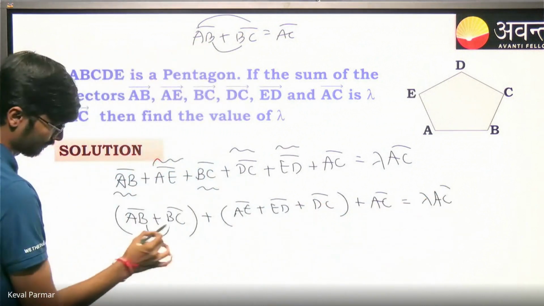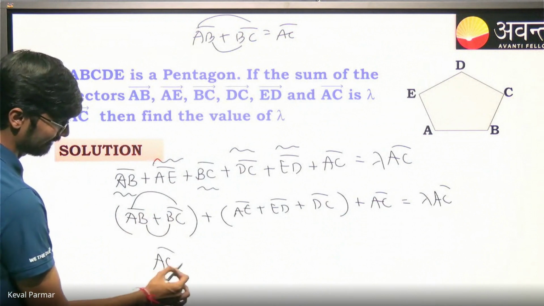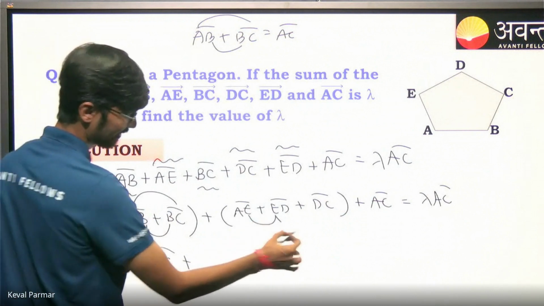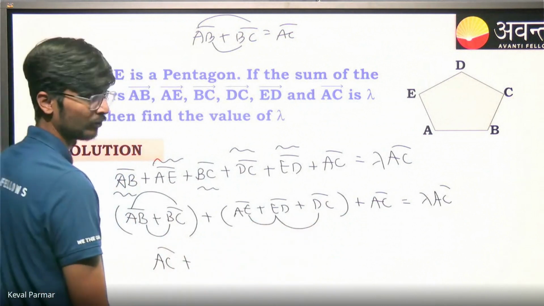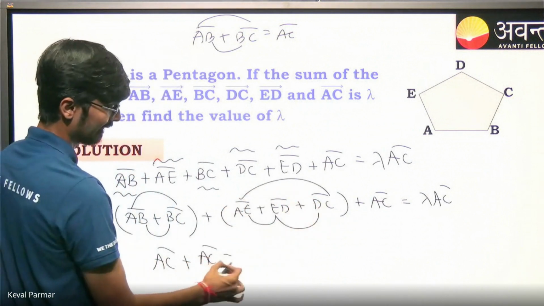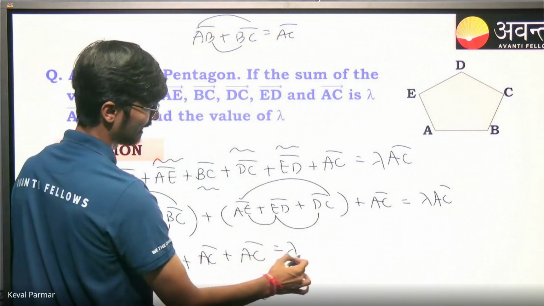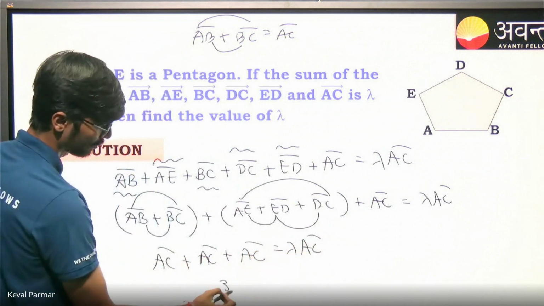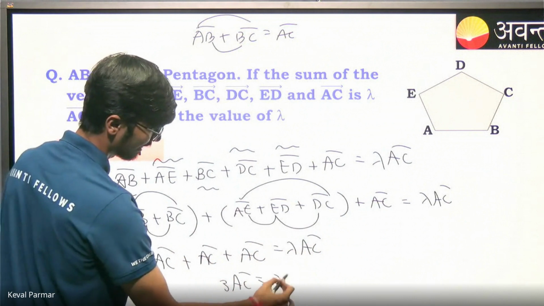This is equal to AC bar, since E and D are the same. That means this is also AC bar, and here we already have AC bar. So 3 AC bar equals lambda times AC bar.